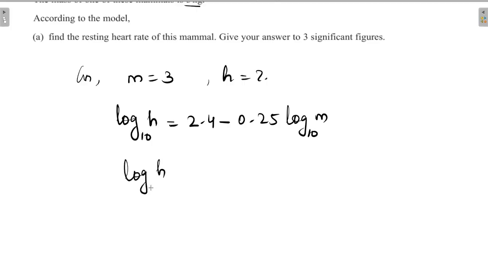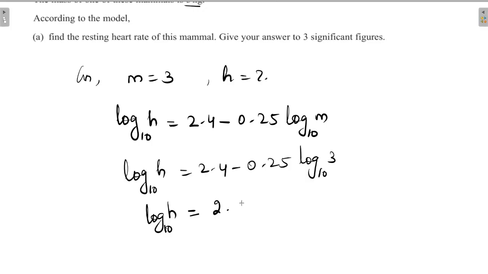Log h to the base 10 is equal to 2.4 minus 0.25 times log 3 to the base 10. By using the calculator, log h to the base 10 is equal to 2.280719686.